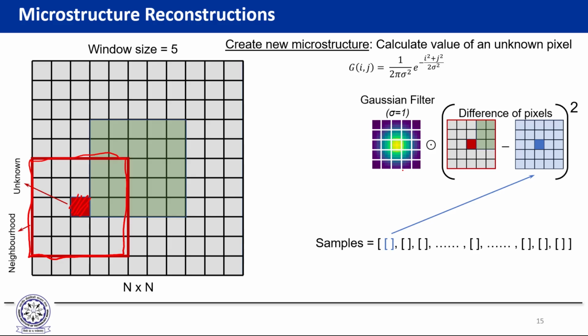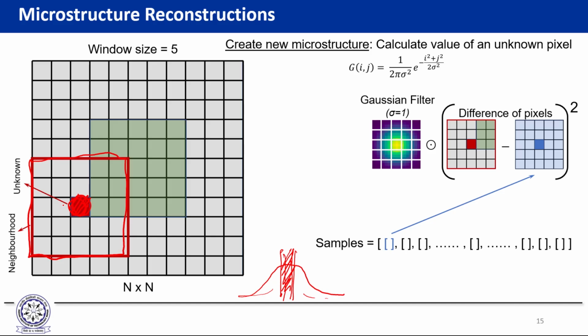Just like a Gaussian distribution, which looks like this, when you are applying a Gaussian filter, we are going to give more and more importance to the central part of the image, and then less and less importance as we move outward from the central part. So you can think of the Gaussian filter as something which simply ensures that we are giving a higher weightage to the central image, meaning a higher weightage to this particular image than the other images.